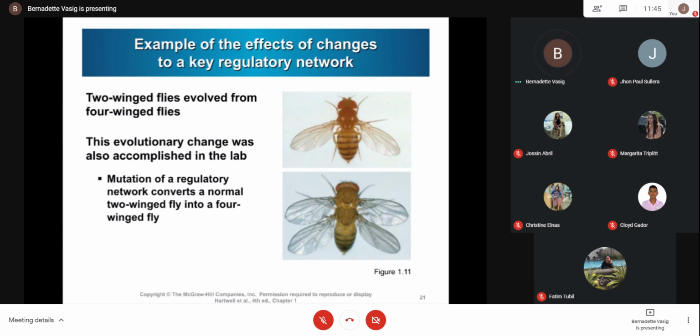What is responsible for the overexpression of these wings is the mutation of the regulatory network. So it doesn't mean that it's always the gene that codes for the protein that is mutated or diverged from the ancestral one. It could also be the regulatory network that directs the expression of a particular gene.